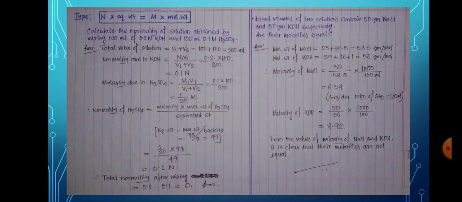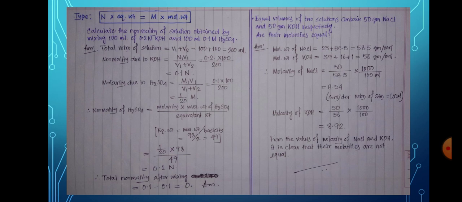Now another very important relation here I have written: normality into equivalent weight equals molarity into molecular weight. Now calculate the normality of the solution obtained by mixing 100 ml of 0.2 normal KOH and 100 ml of 0.1 molar sulfuric acid.